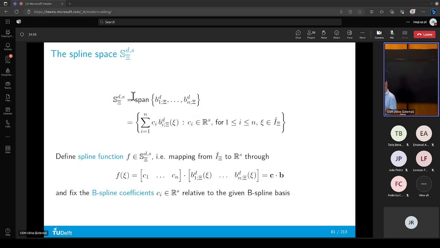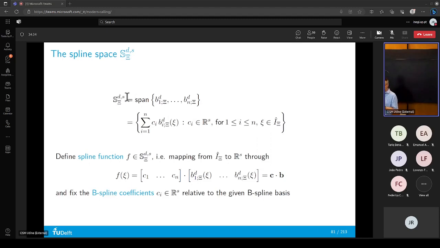I try to put everything that contributes to the space. I will later reduce the decoration of the S, but I wanted to be formally correct. The space is defined by the knot span, by the degree of the spline we want to create, and also by the space to which we map.